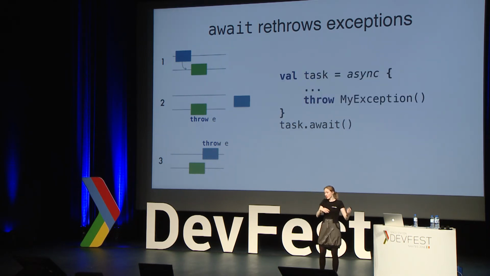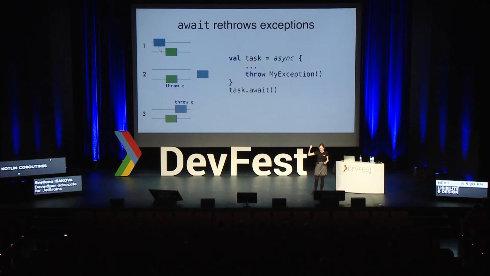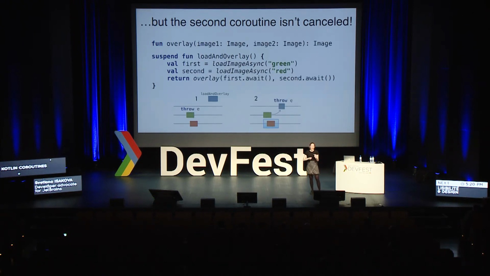If you don't catch this exception, then it will simply be rethrown further up. Await just rethrows this exception. The problem is that if, for instance, an exception is thrown when your first image is loaded, then no one tells the second image to stop loading.